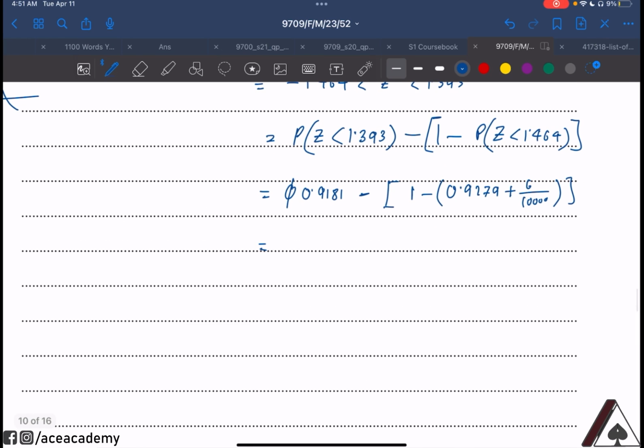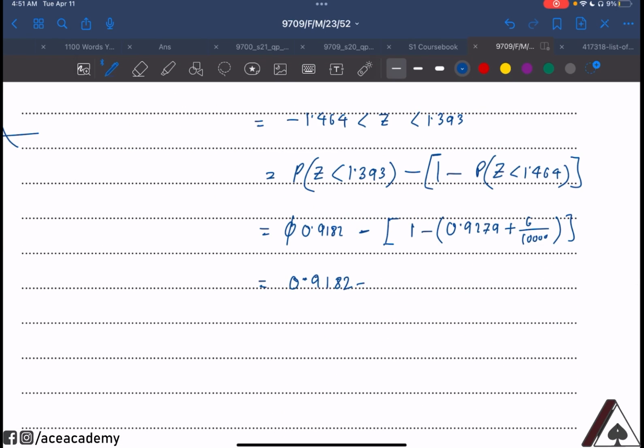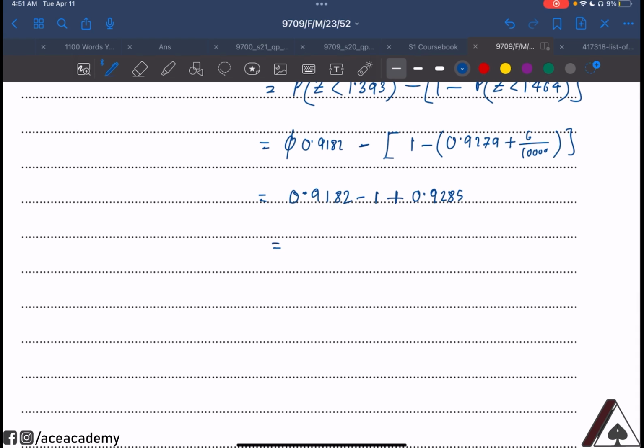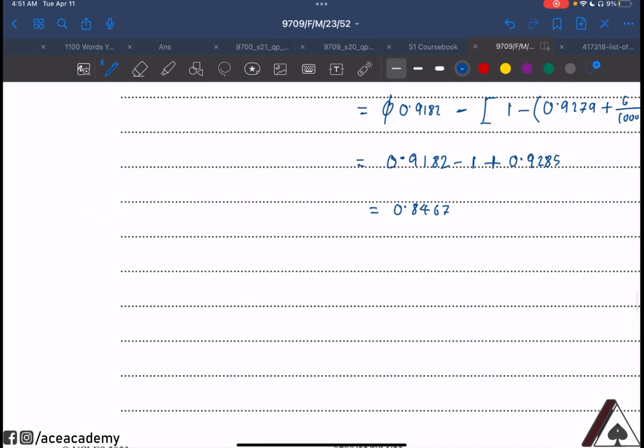Okay, so this will give us 0.9182 minus 1 plus 0.9285, which is going to give us the answer of 0.8467.